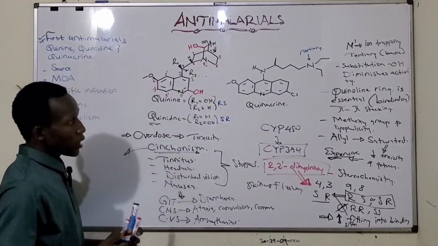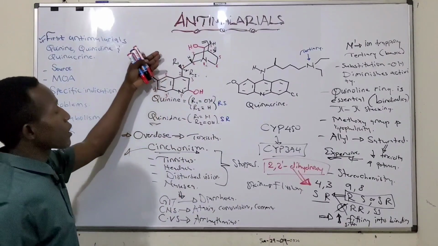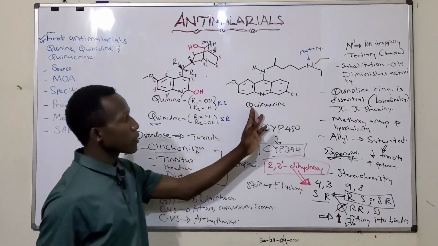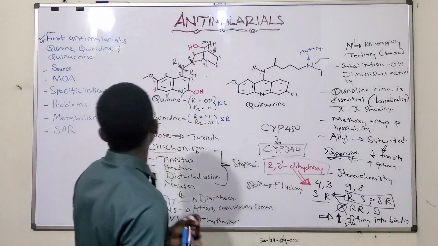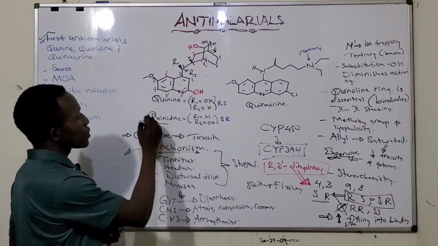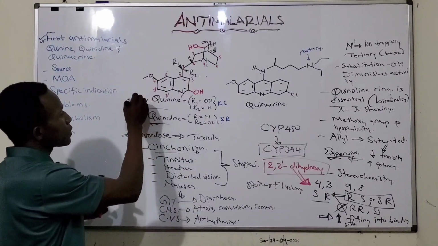So generally, that's the SAR for quinine and quinidine. We are not going much through this because it is not much used. And quinidine is mainly used in arrhythmia, so mostly we are on quinine.